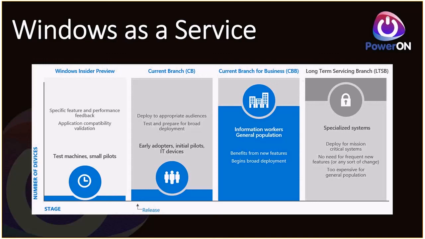There's two types of updates: quality updates, which is a single cumulative update each month on Patch Tuesday, containing the security fixes, reliability fixes, any bug fixes, all rolled in together into one cumulative update. So it always supersedes the previous one, and as part of that, there are no features added.